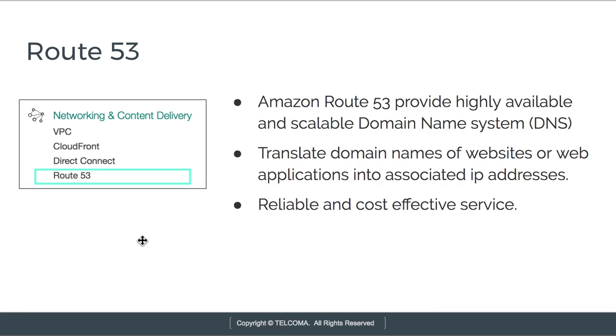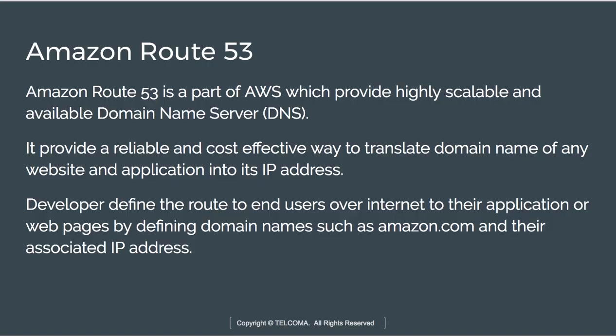As a part of AWS, it provides a highly scalable and available DNS, a cost effective and reliable solution which translates web addresses into IP addresses. We need to route end users over the internet to their applications or web pages by defining domain names like amazon.com associated with their IP addresses.